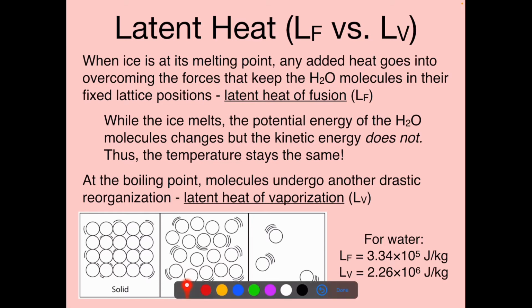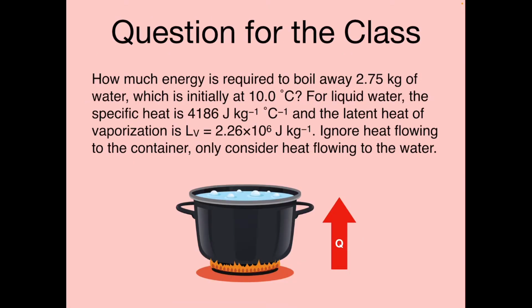Okay, that's the idea. Now, with that said, let's do an example problem. How much energy is required to boil away 2.75 kilograms of water, which is initially at 10 degrees Celsius? So there are some numbers we're going to need to use in this calculation. For liquid water, the specific heat is 4,186 joules per kilogram per degree Celsius.